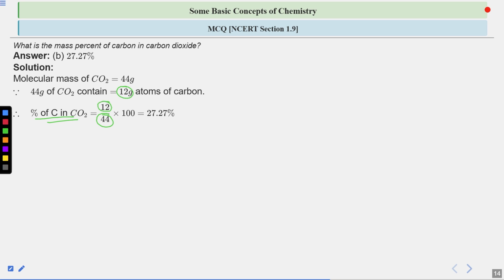Just divide both of these, multiply by 100, and you will get 27.27%. Therefore, the mass percentage of carbon in carbon dioxide is 27.27%.